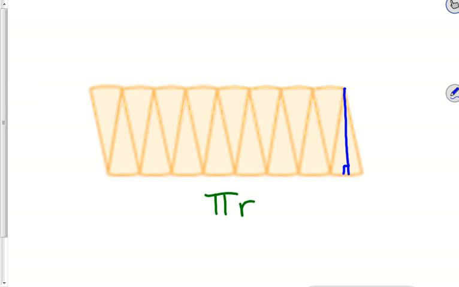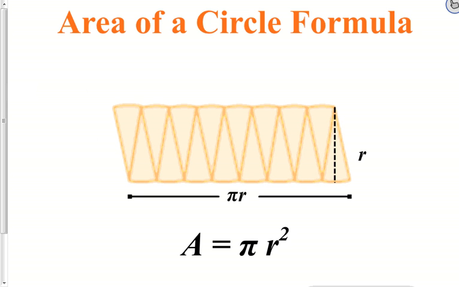And so we know that the height of the parallelogram is the radius of the circle. So taking the area formula of a parallelogram, the base times the height, and multiplying the base of pi r times the height of r, we end up with the area of a circle formula. Area equals pi r squared.